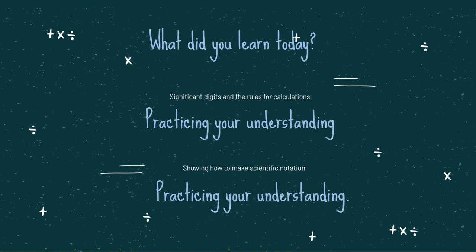So how to count significant digits, what does it mean if there's addition and subtraction, and what does it mean if there's multiplication and division? You then practiced your understanding. And again, if you didn't do well in significant digits, please talk to me. Then we did scientific notation. Again, you learned how to put it into scientific notation and take it out of scientific notation. And now you're going to practice your understanding. If you have any questions, ladies and gentlemen, please let me know.